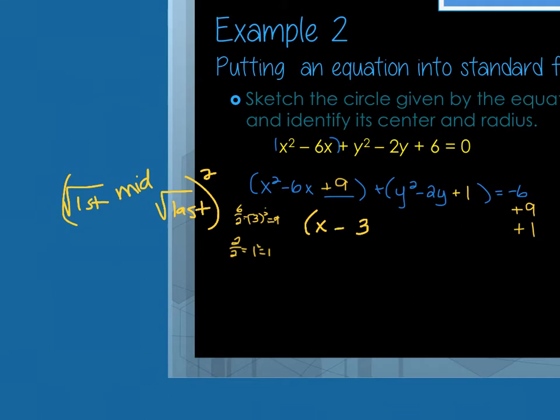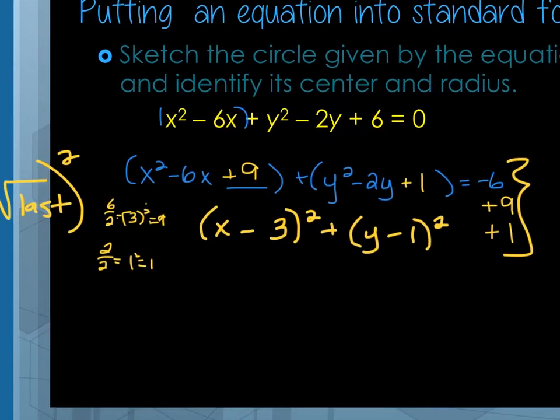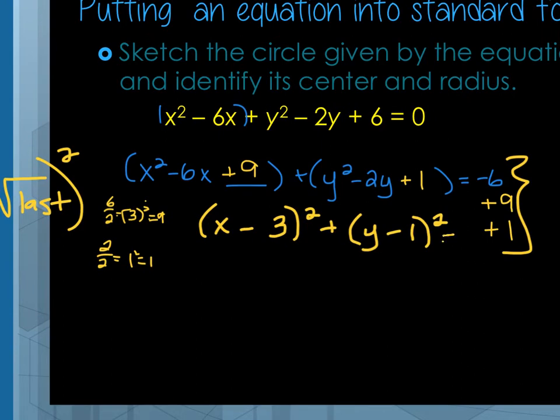Take the sign from the middle, which is negative, put it in the parentheses and square it. Plus, the same thing here, square root the y squared, that's y. Square root the 1, that's 1. Sign from the middle is minus, put it in parentheses and square it. And then add these 3 together, negative 6 plus 9 plus 1, which is 4.